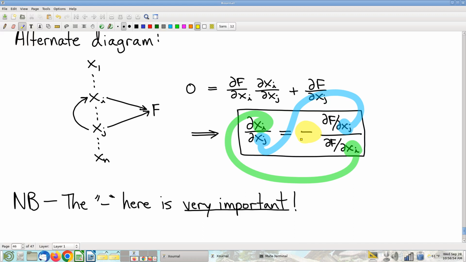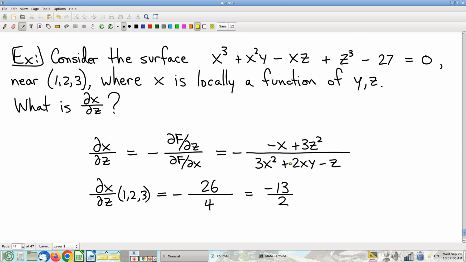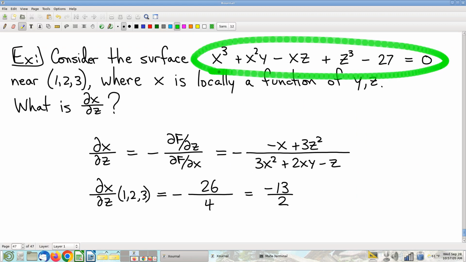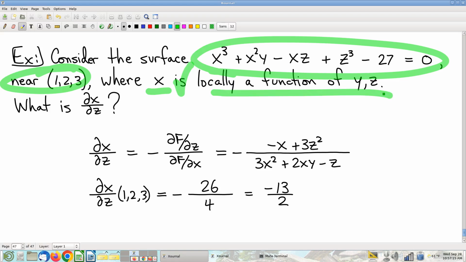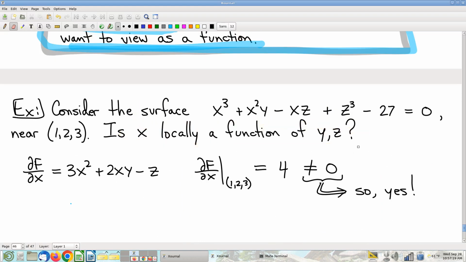All right. So let's see an example. Suppose we've got this same surface that we saw before, by the way, and let the record show that near this point, we have already established that x is locally a function of y and z. I'll remind you, back up to here, we have established, is it locally a function of y and z?